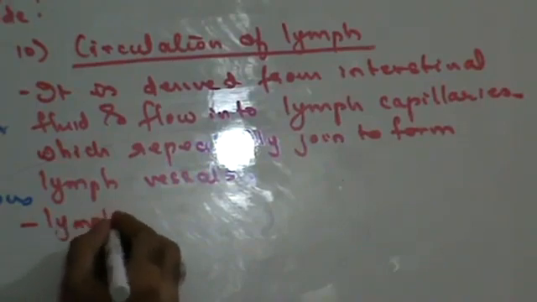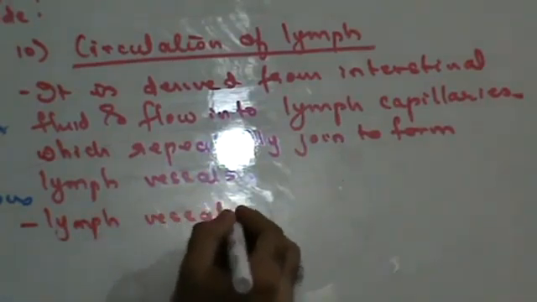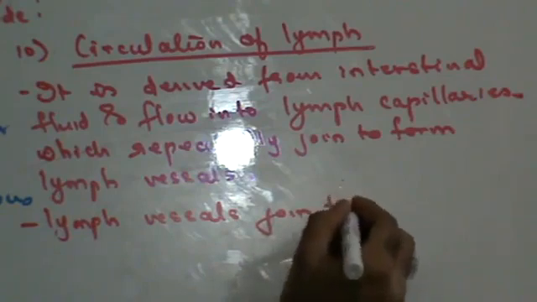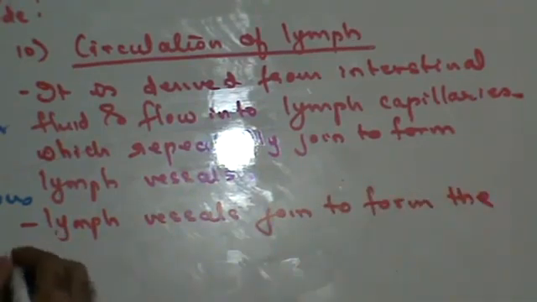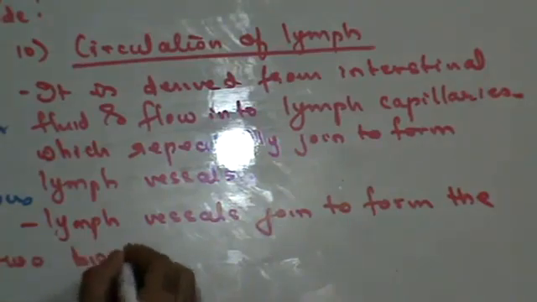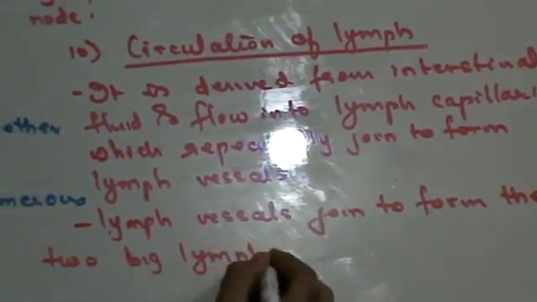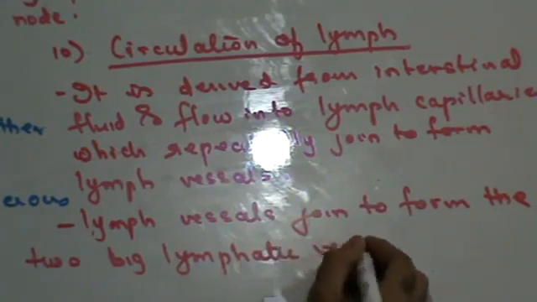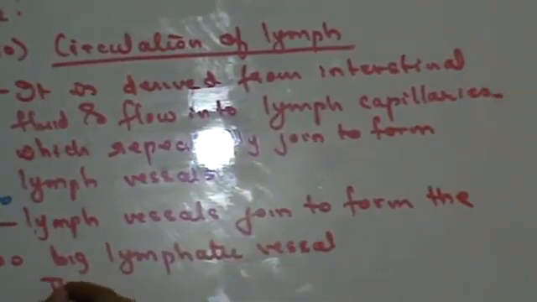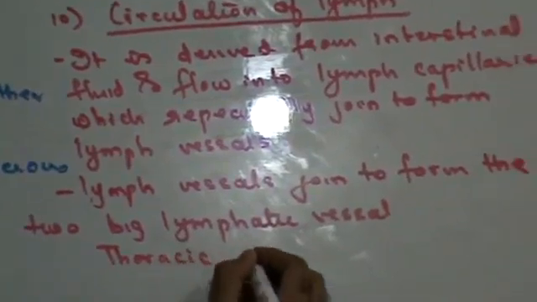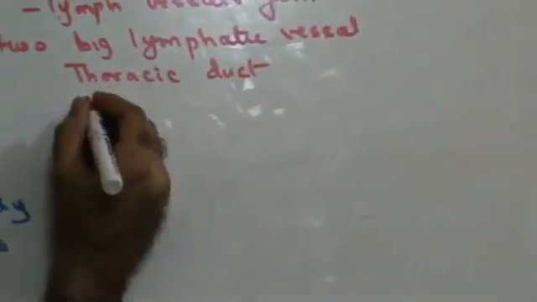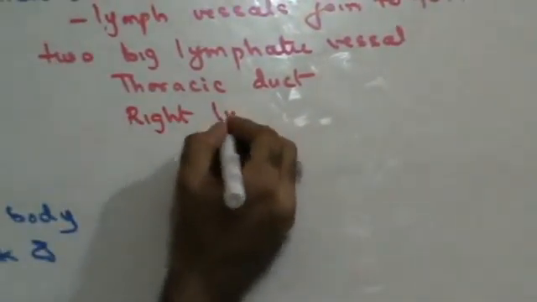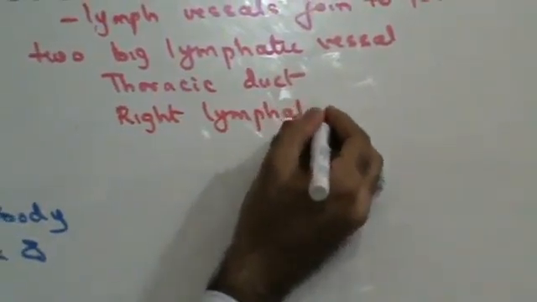Lymph vessels join to form the two big lymphatic vessels, the thoracic duct and the right lymphatic duct.